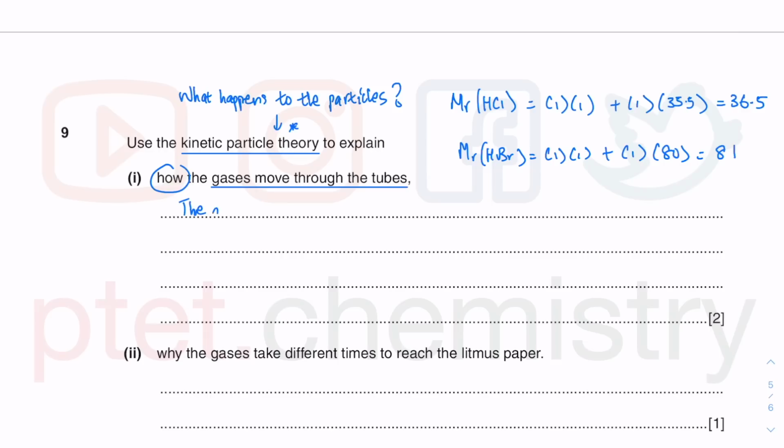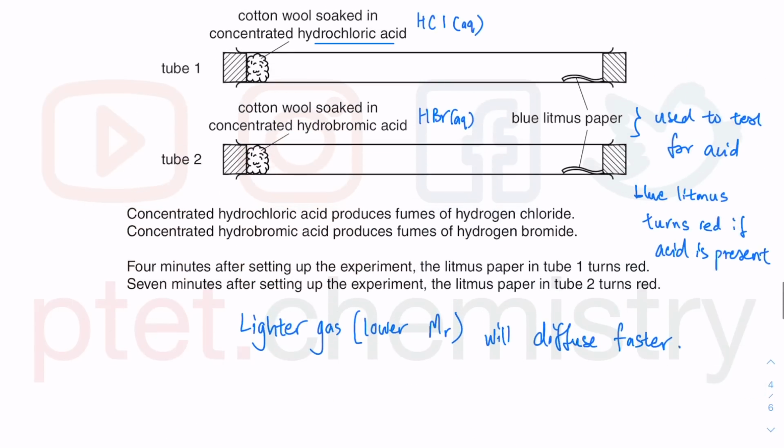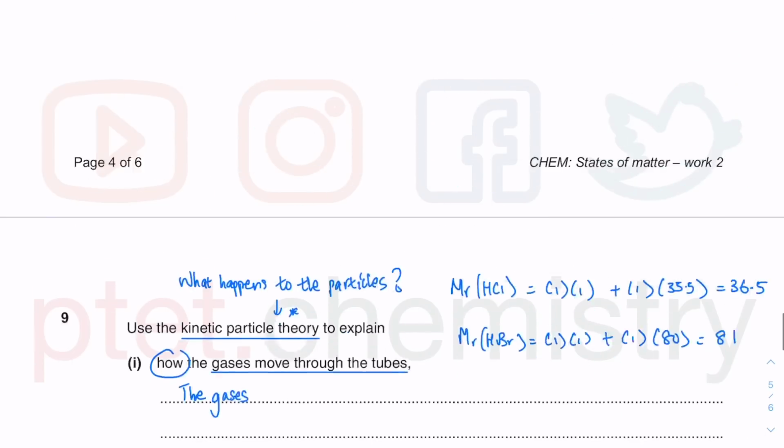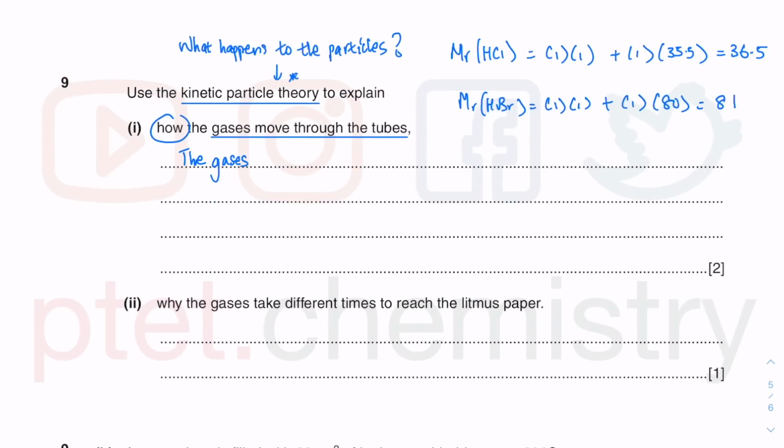So this is talking about both gases. The gas there would diffuse from this end to this end. So we need to describe diffusion for that 2 marks. Explain and describe diffusion: the gases move randomly in all directions. So that is just diffusion.